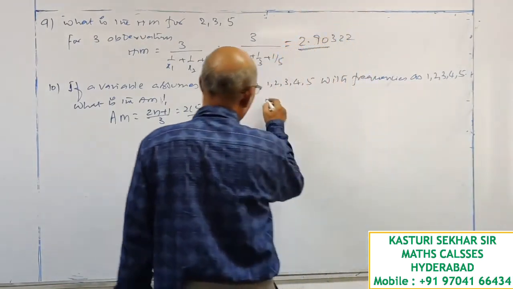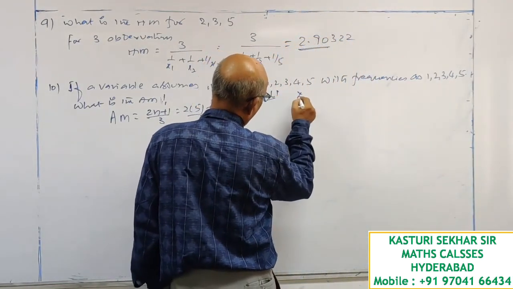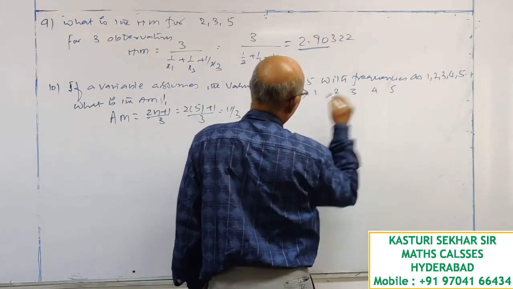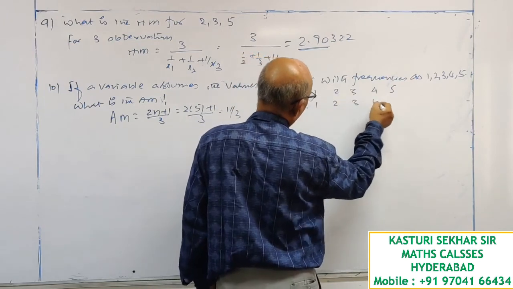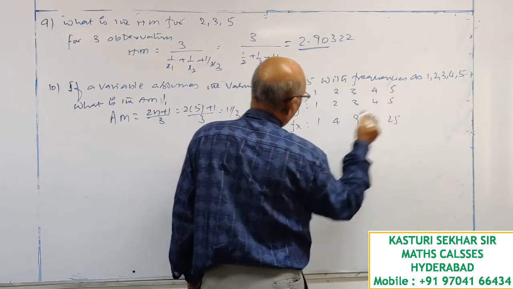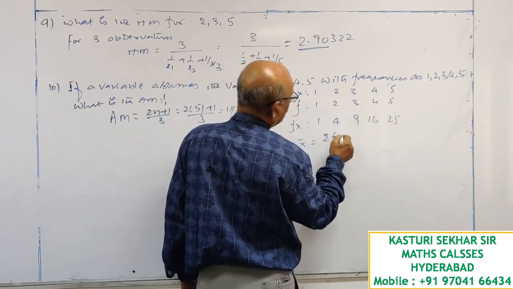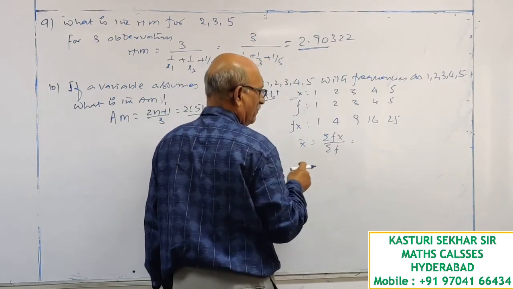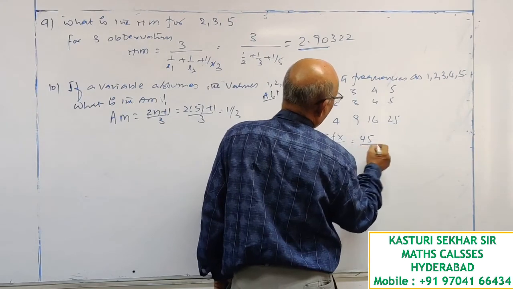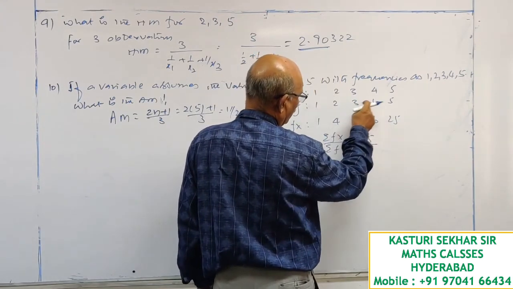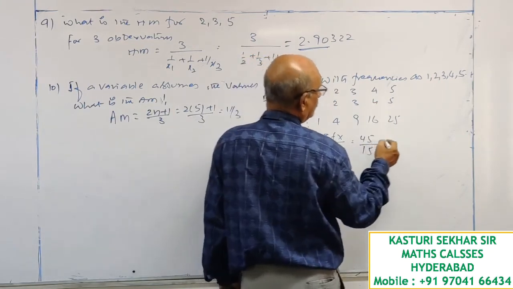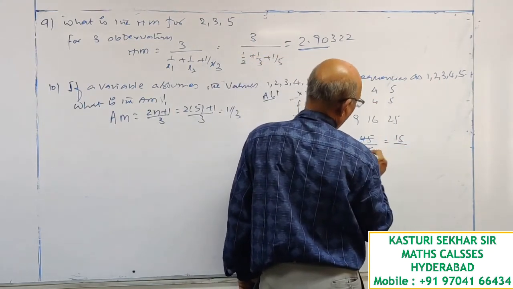Or alternative approach. X is taking the values 1, 2, 3, 4, 5. Frequencies are 1, 2, 3, 4, 5. Fx is 1, 4, 9, 16, 25. X bar is equal to summation of Fx by summation of F. Total F is 1 plus 2 plus 3 plus 4 plus 5, which is 15.